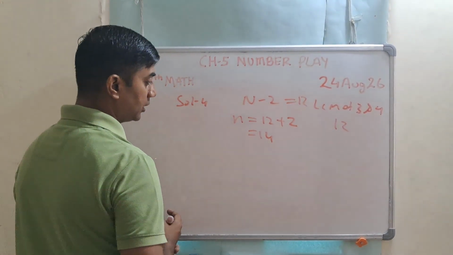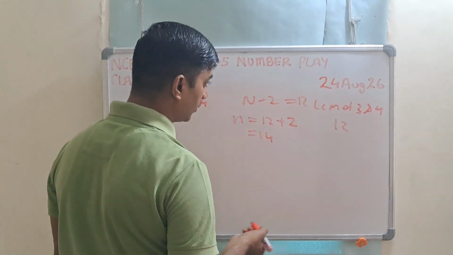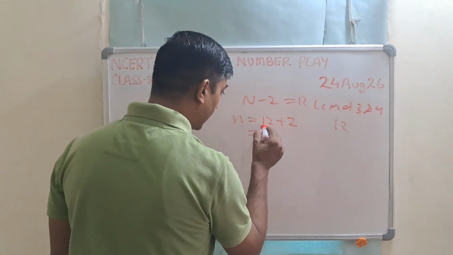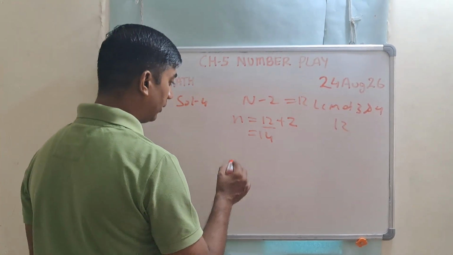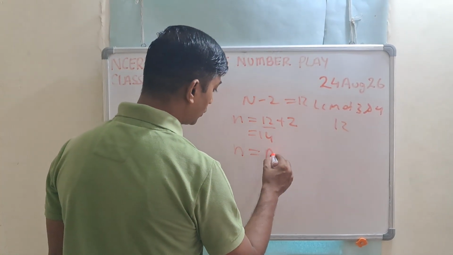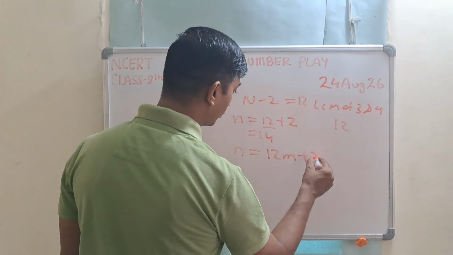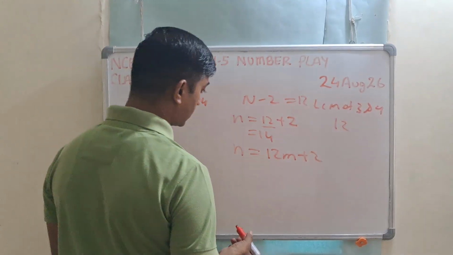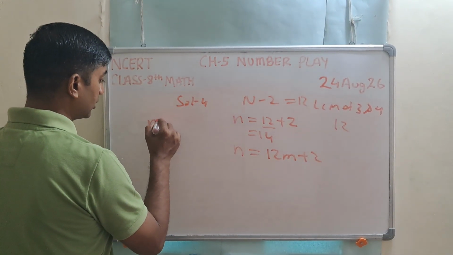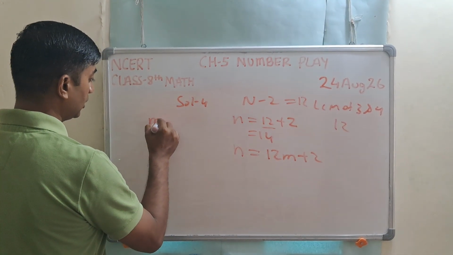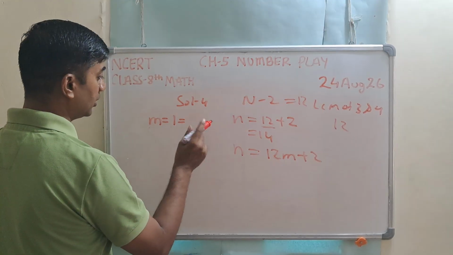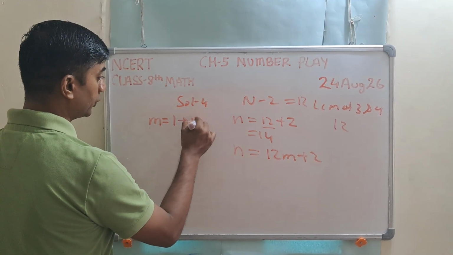Actually, to find some more numbers, we have to take multiples of 12, meaning n equals 12m plus 2. Now we will get the numbers. If m is equal to 1, the result will be 14.